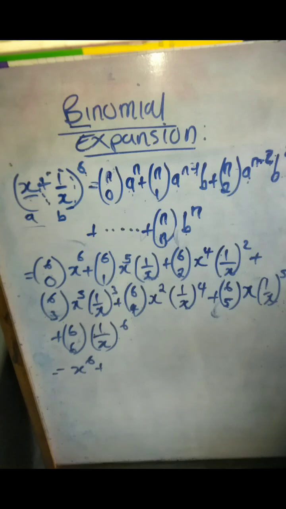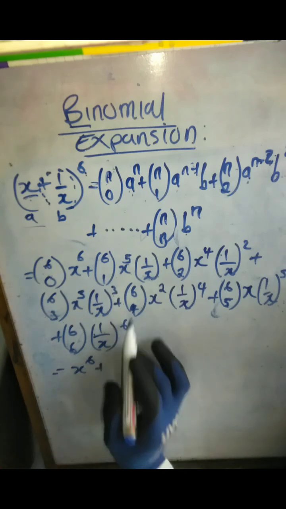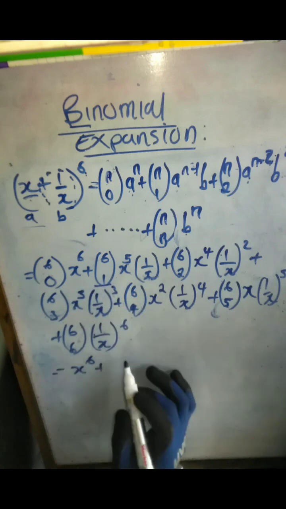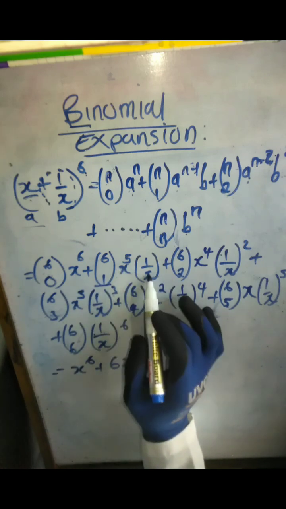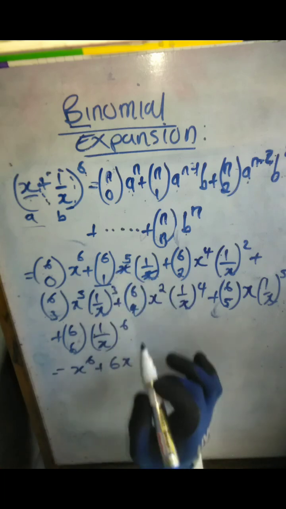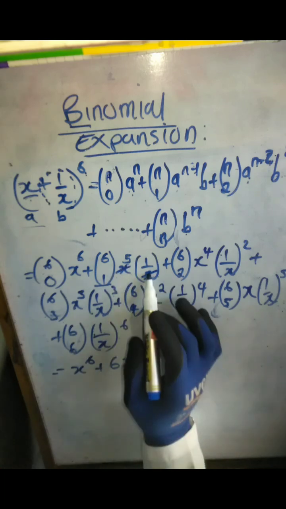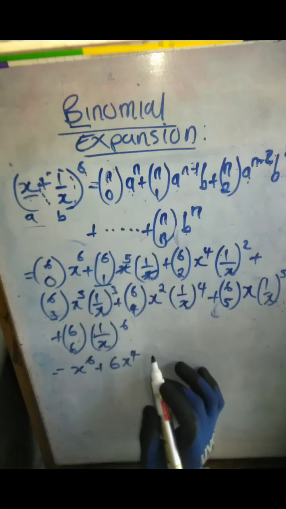Okay, 6 combine 1, we're going to have 6. So here we have 6, then x to the power 5 times x to the power 1, this will cancel with that, and we remain with x to the power 4, because this will cancel with 1x from there.